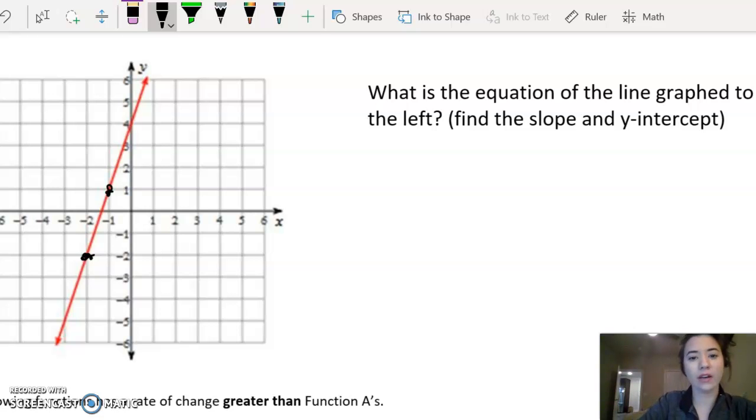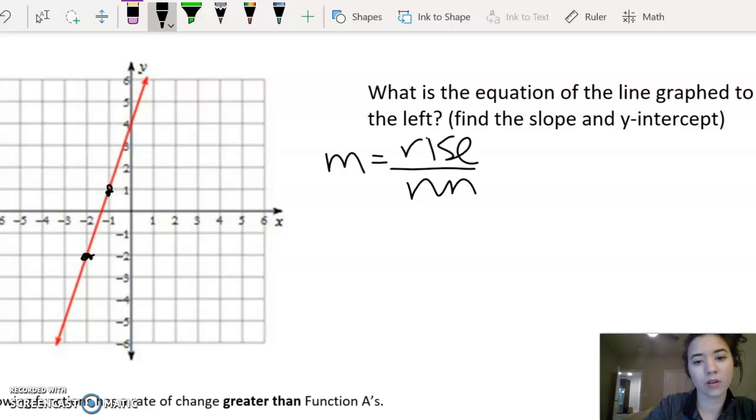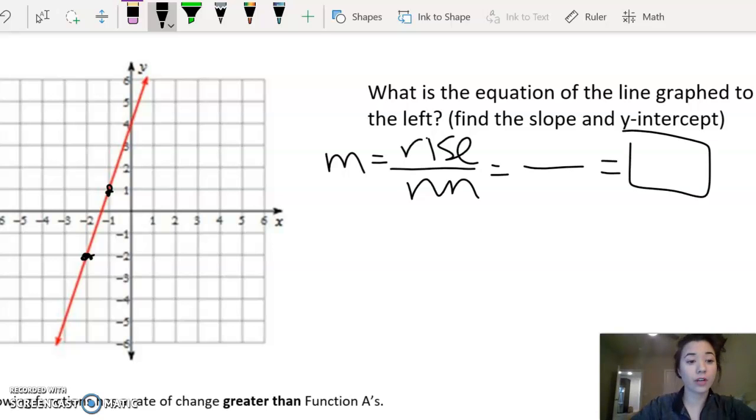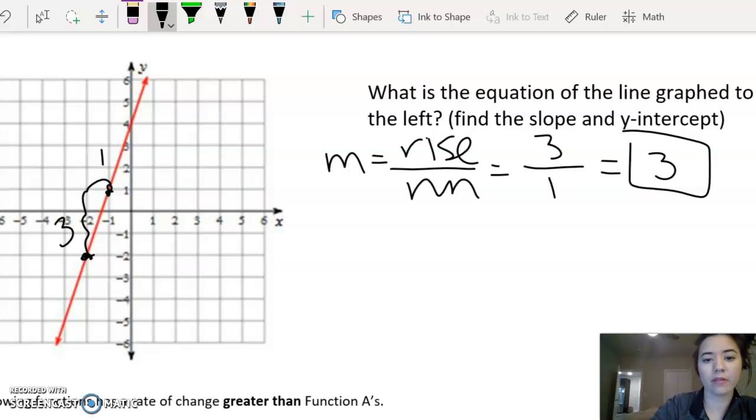All right, go ahead and find your slope by finding your rise over your run. Pause me now and find your slope. Come back when you're ready. Okay, so we have 1, 2, 3 over 1, which is just 3.